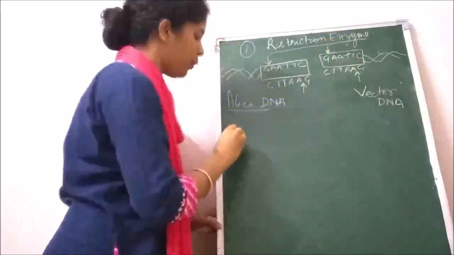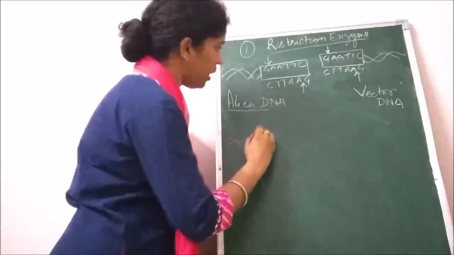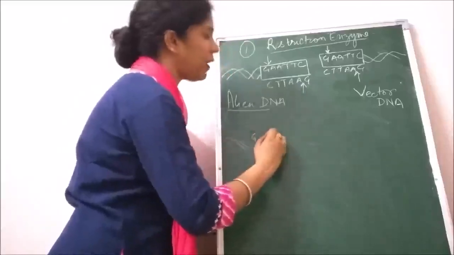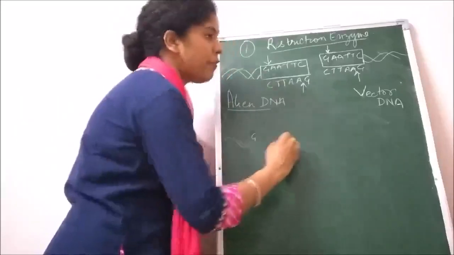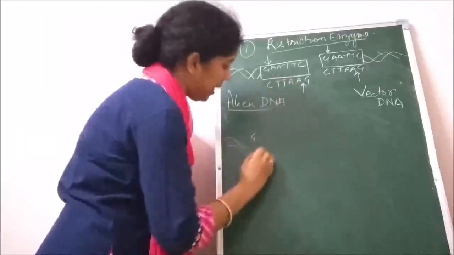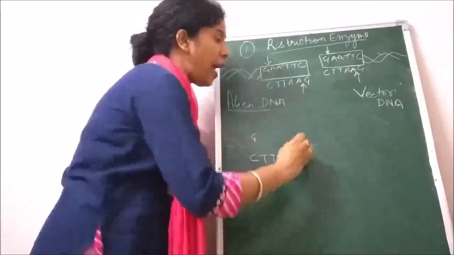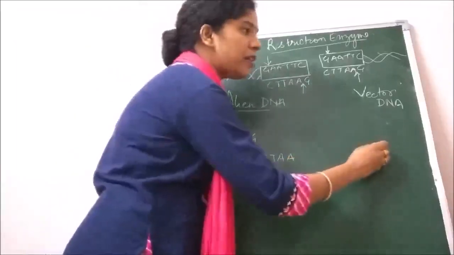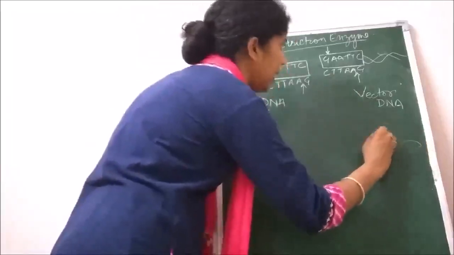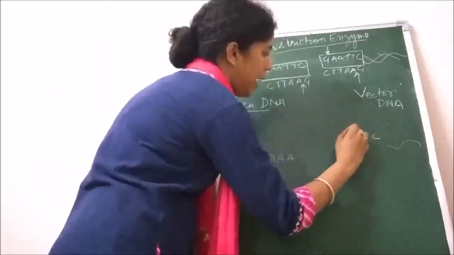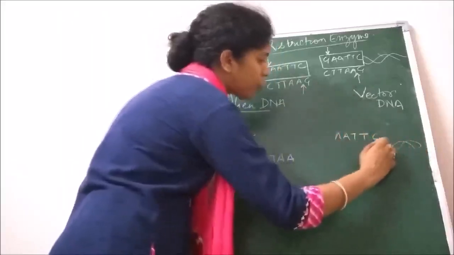So it is going to produce DNA in which G is left like this, and then here you have the other sequence which has C, T, T, A, A. On the other DNA, the top one is going to have C, T, T, A, and the bottom one is going to have G.